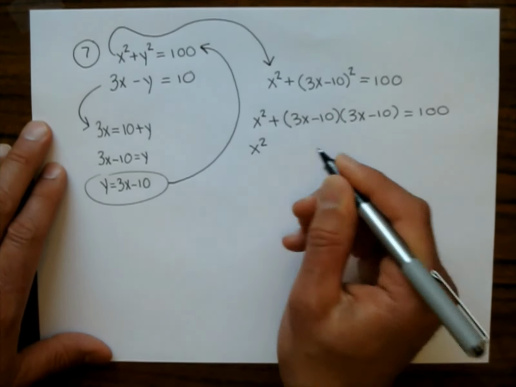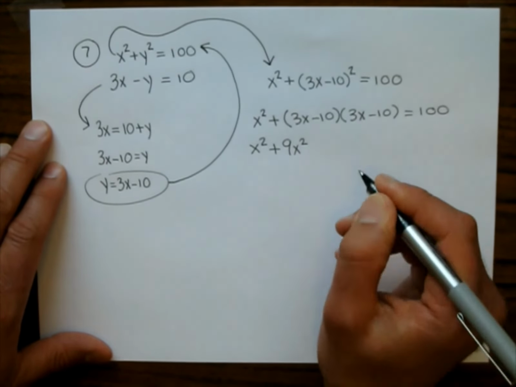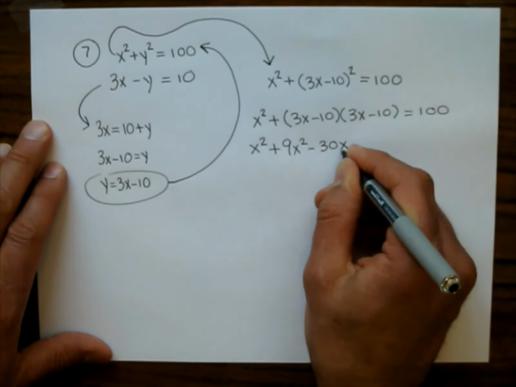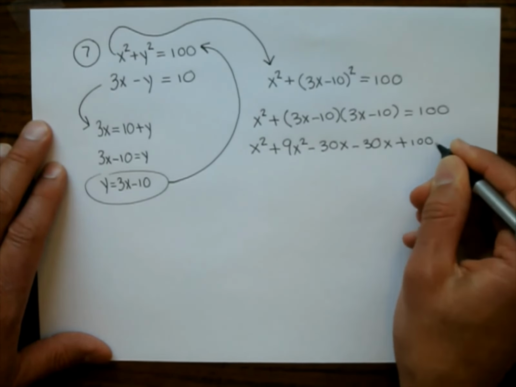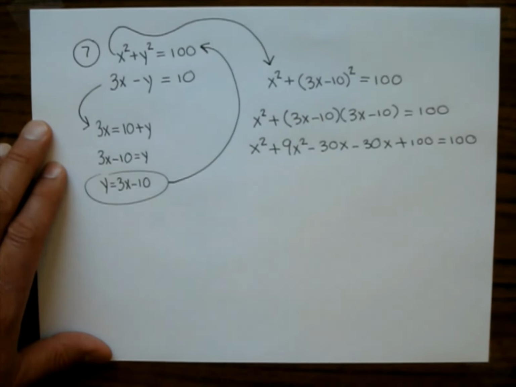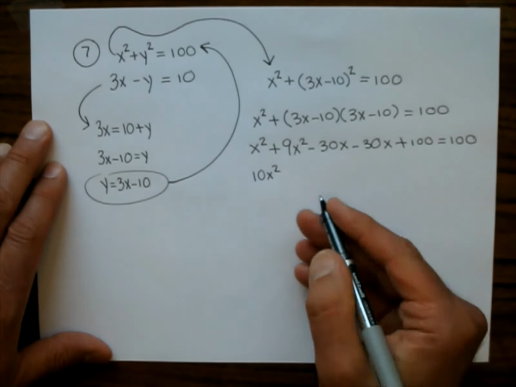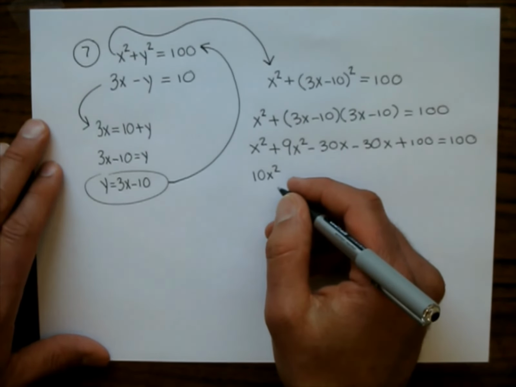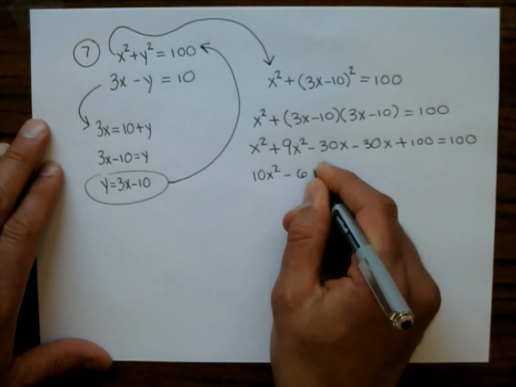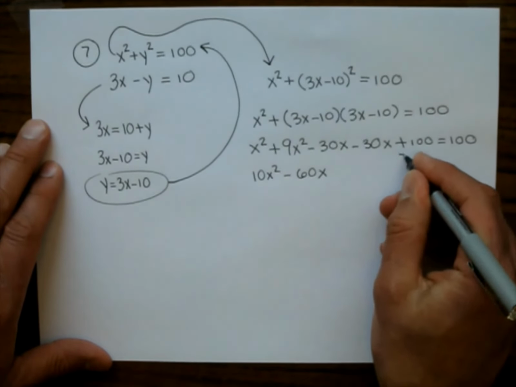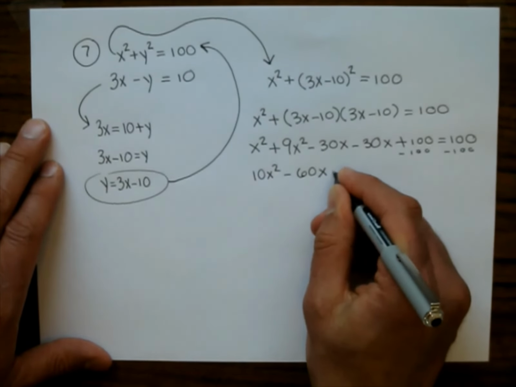So I have x squared plus first, outside, inside, last. Okay, so I have 10x squared, and then this is going to be negative, I don't know, like negative 60x. And then I can subtract 100 on both sides, and so that's just going to zero out. I'm not going to have a constant.